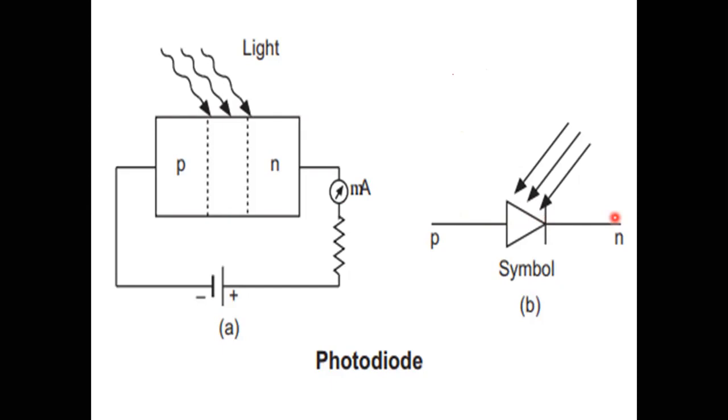Photodiode is basically a PN junction device, but it operates only when light falls on it.